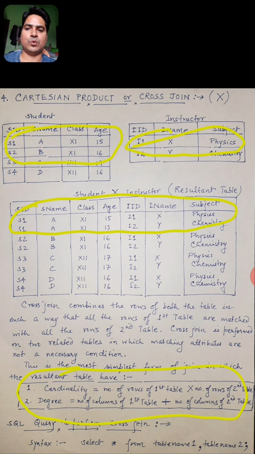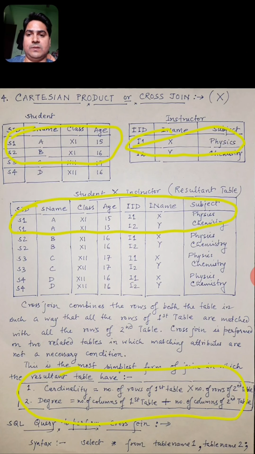Then the first row of the first table is matched with the second row of the second table. Understood? So corresponding to the first row of the first table, we have obtained 2 rows in the resultant table.